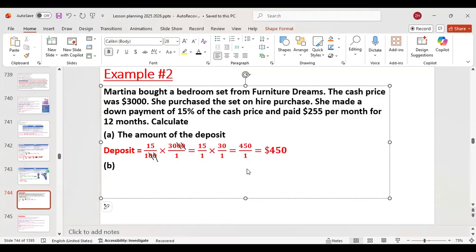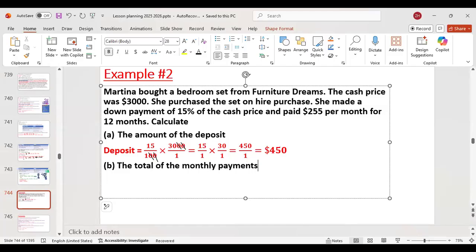The next question says we want to figure out the total of the monthly payments.